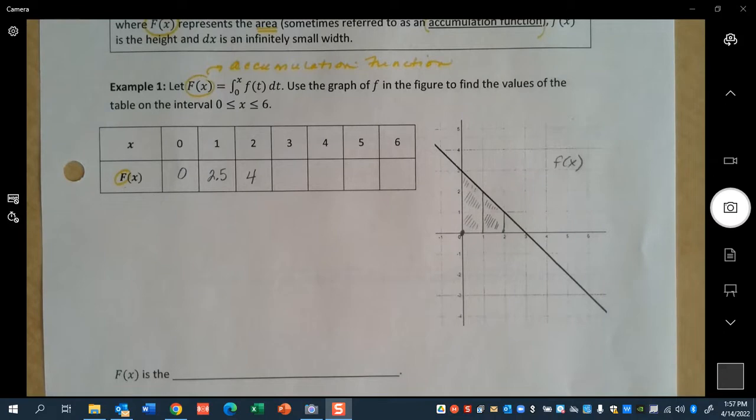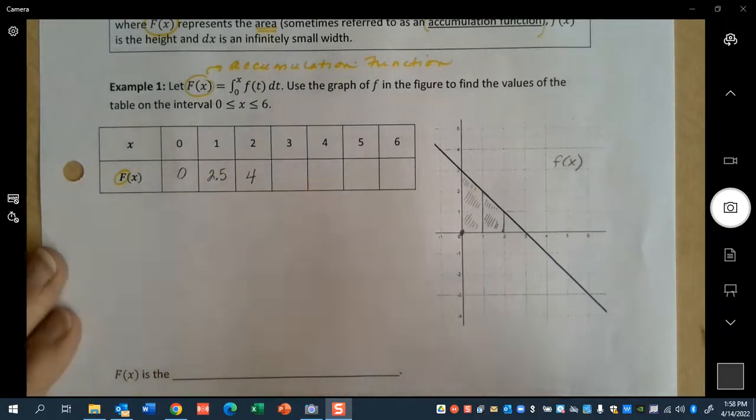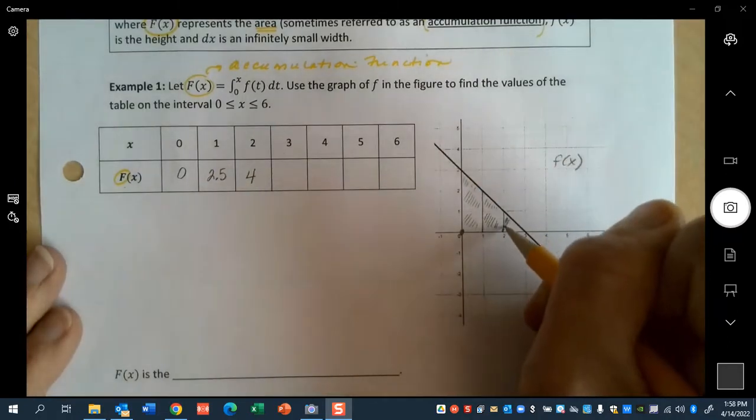Why 4? Because this output is my accumulation function. What is the total of what I have here? You have 0 here, then you have 1, 2.5, plus another half makes 3, plus another whole makes. So at an input value of 3, what are your predictions?